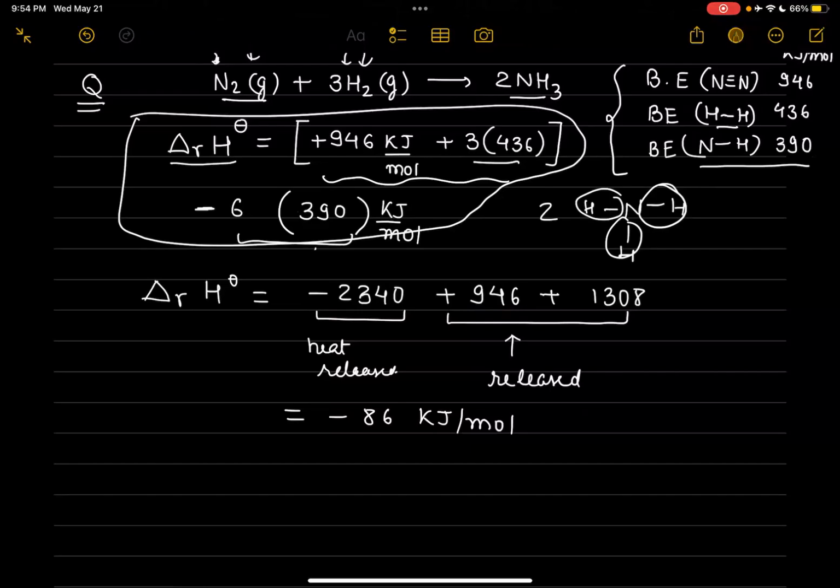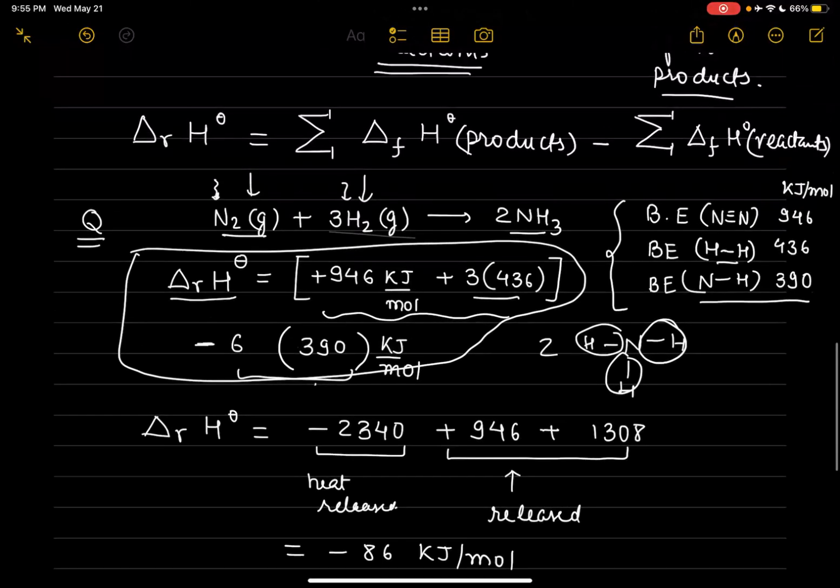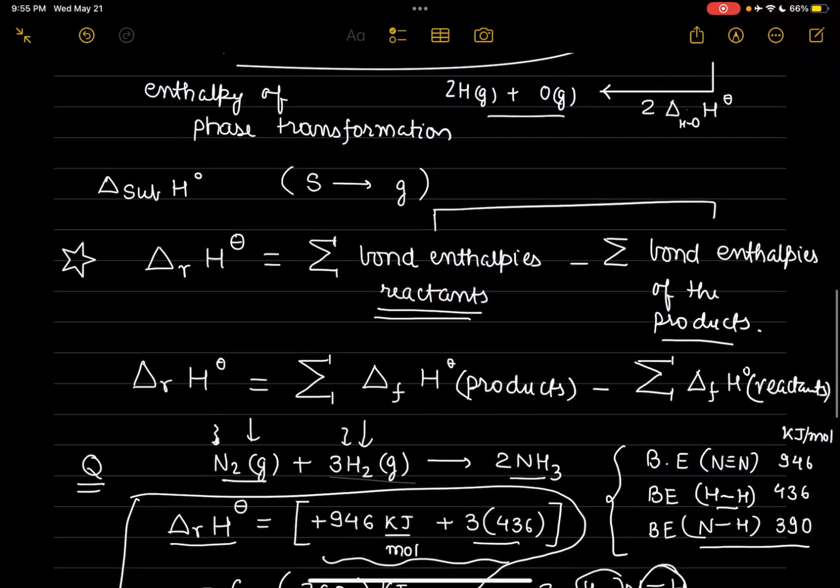Is it clear or not? Yes, sir. So basically, take all the bond enthalpies as positive. Remember this formula where all the bond energies are taken to be positive: sum of the bond enthalpies of the reactant minus sum of the bond enthalpies of the product.